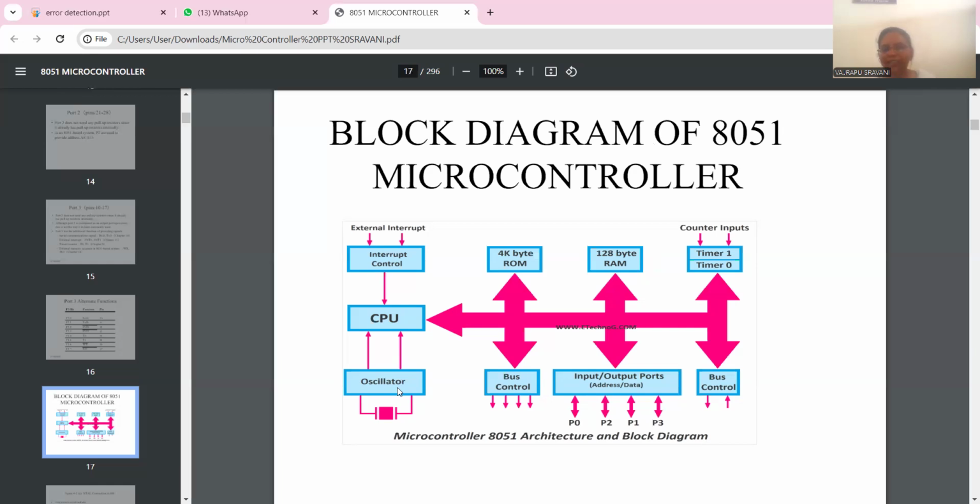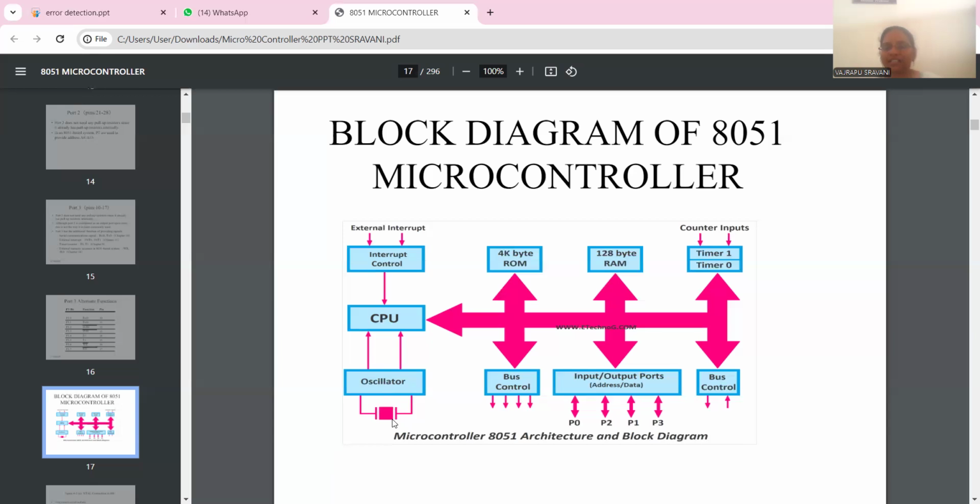the first main important block is the oscillator. Here are XTAL1 and XTAL2. For these two pins, we connect a quartz crystal oscillator. The quartz crystal oscillator provides 12 megahertz of clock frequency.